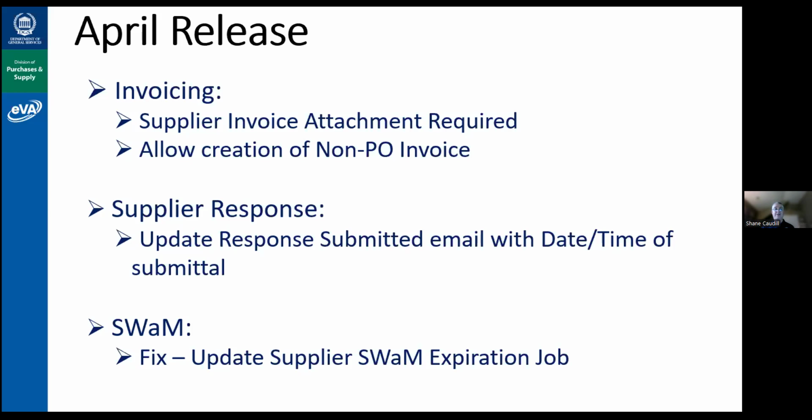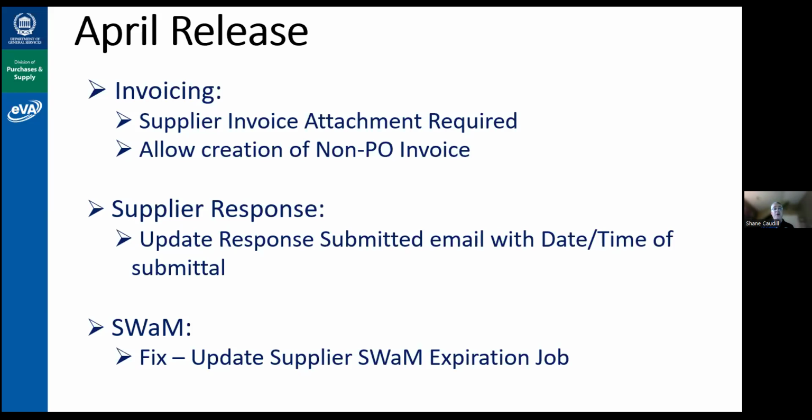We've got this invoice transaction in eVA that we're using to do the three-way match and to mark it as okay to pay, but you would always have the supplier version of the invoice also attached to that record. So, auditability, your ability to get to that, making that required. So that came in April.